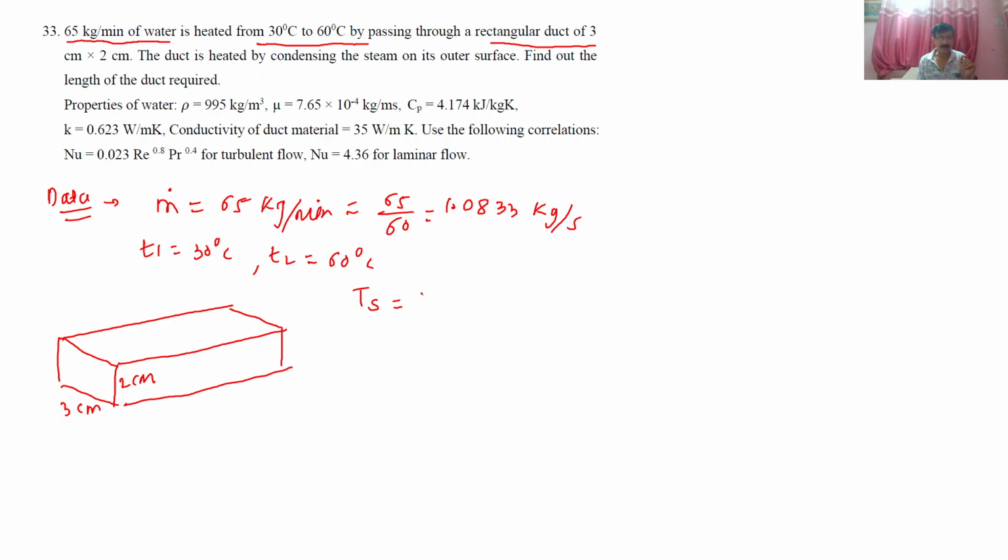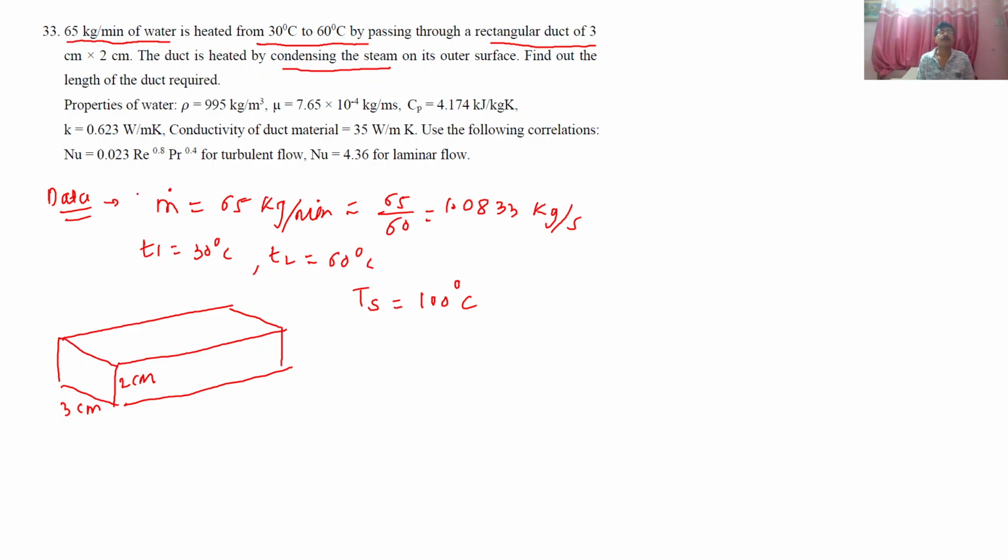Steam condenses at 100 degrees Celsius at atmospheric pressure. So Ts is by default 100 degrees Celsius. Remember students, they have not given 100 degrees Celsius, but they have given the words condensing steam. So steam condenses at 100 degrees Celsius on the wall. So Ts is equal to 100. Find out the length of the duct required.